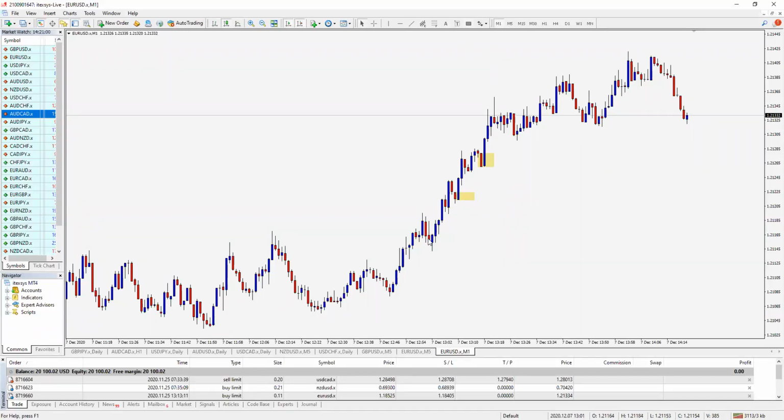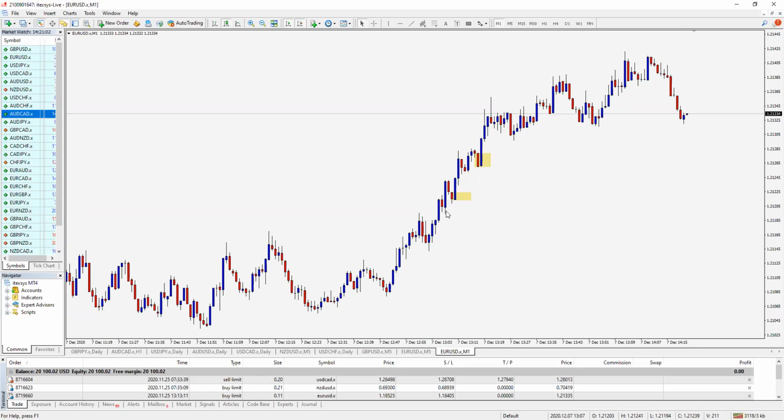You can see how the bullish movements are sharper than the bearish ones. So on any pullback to those areas, we could try to buy the market. Of course, we have this support right now, so you can also try to buy the support.